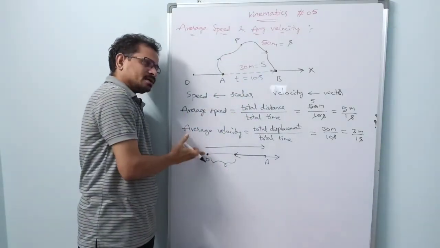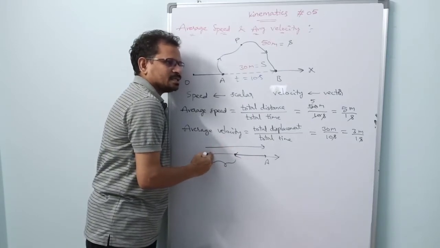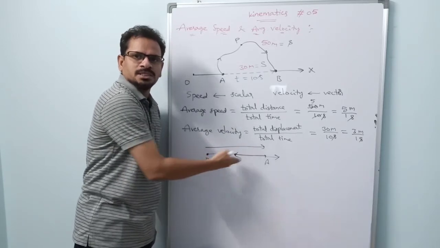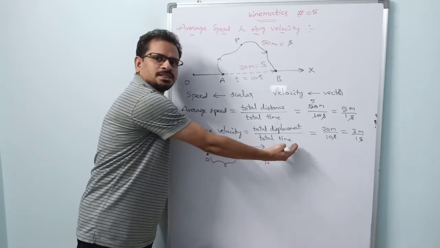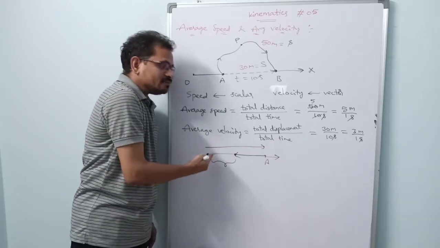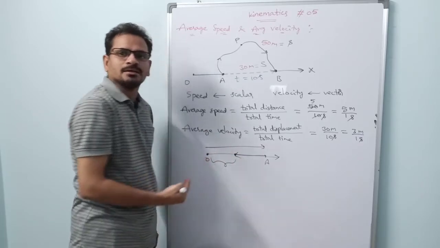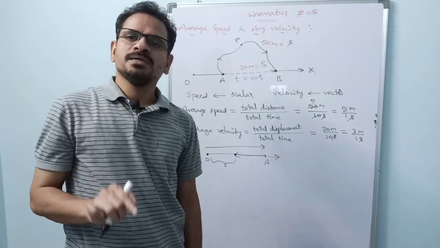Even if the particle moves along a straight line, if it changes its direction, or reverses its direction, then also distance and displacement are not equal. So there is only one possibility where distance and displacement are equal.